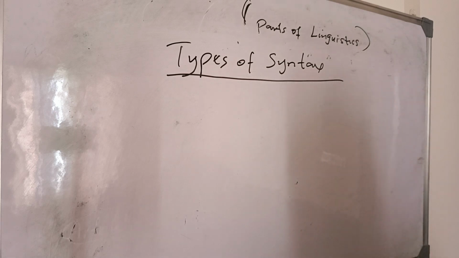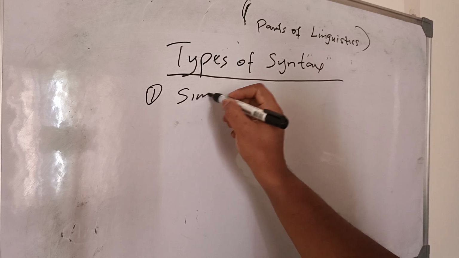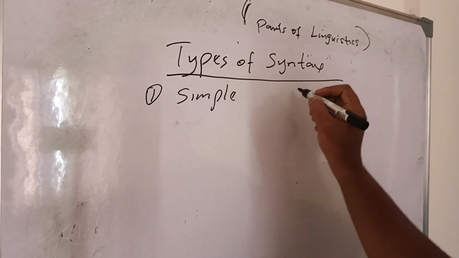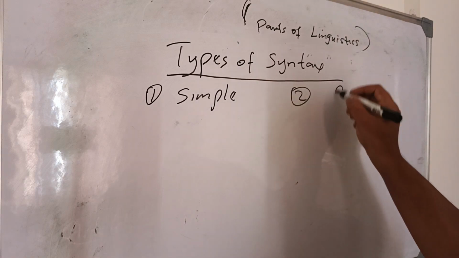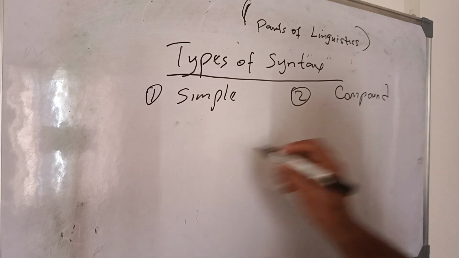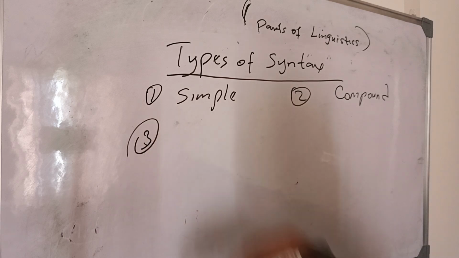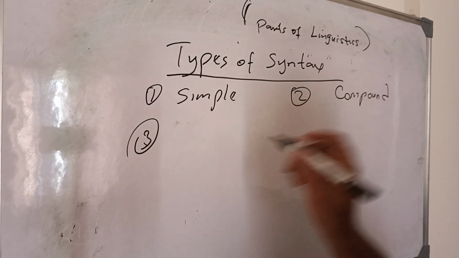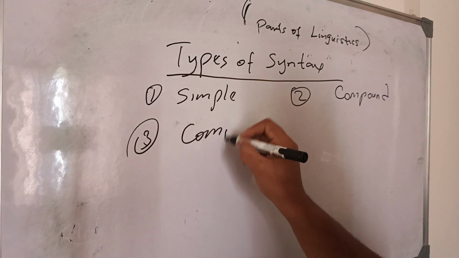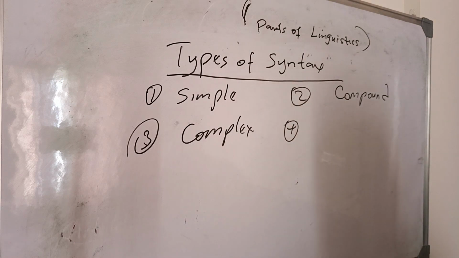So one is simple, two, compound, three is complex. And number four is what?